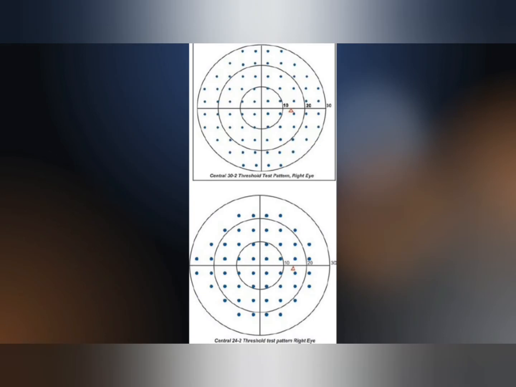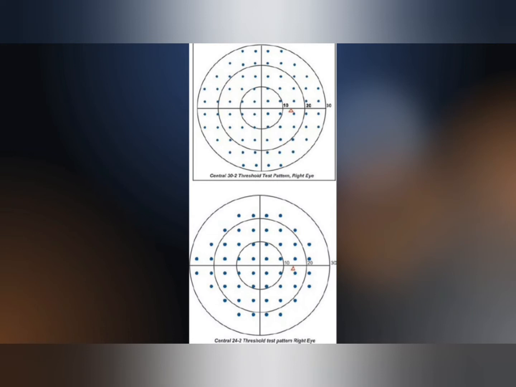So 24-2 is nothing but a reduction of some selected points from the outermost circle of the 30-2, just leaving 2 points here and 4 points here, and all these 22 points are excluded. So 76 minus 22 points, it means 54. So in 24-2, 54 points are there.